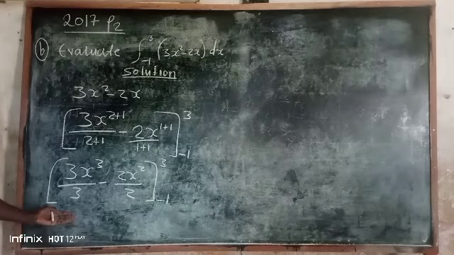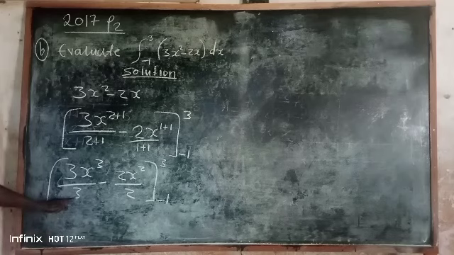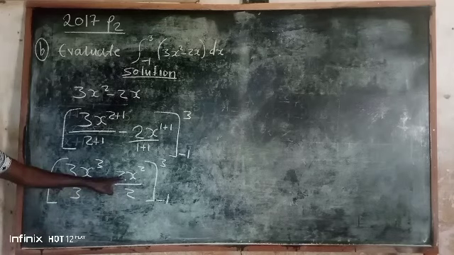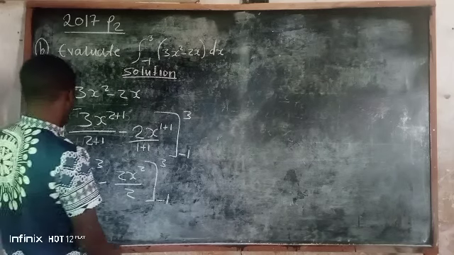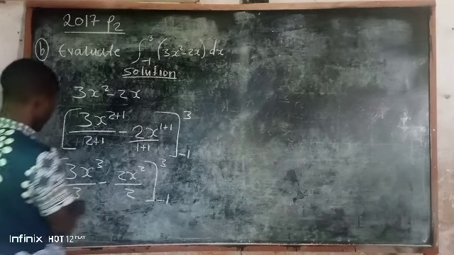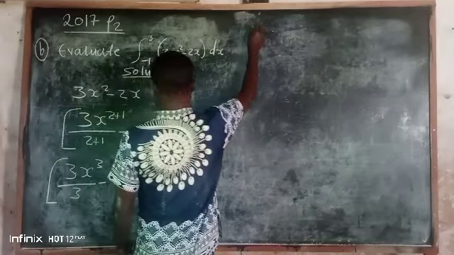We can still simplify this further by dividing the denominators, because 3 can go into 3 and 2 can go into 2. So 3 into 3x, this will cancel, and we remain with x.